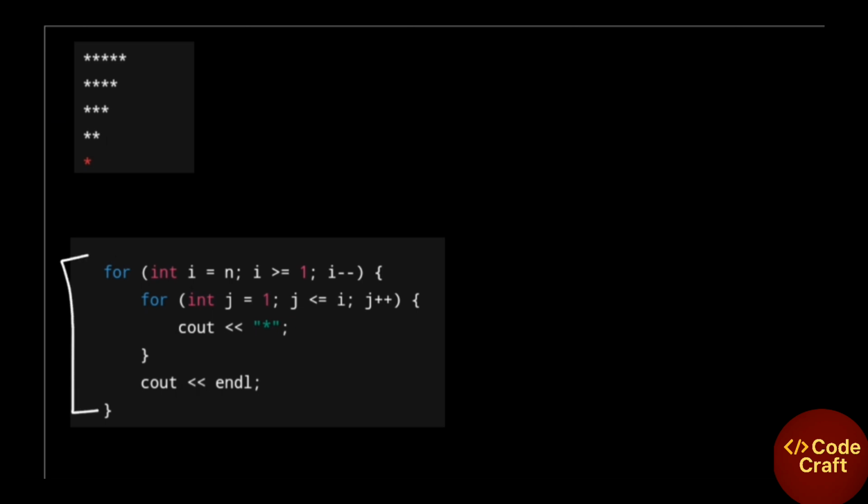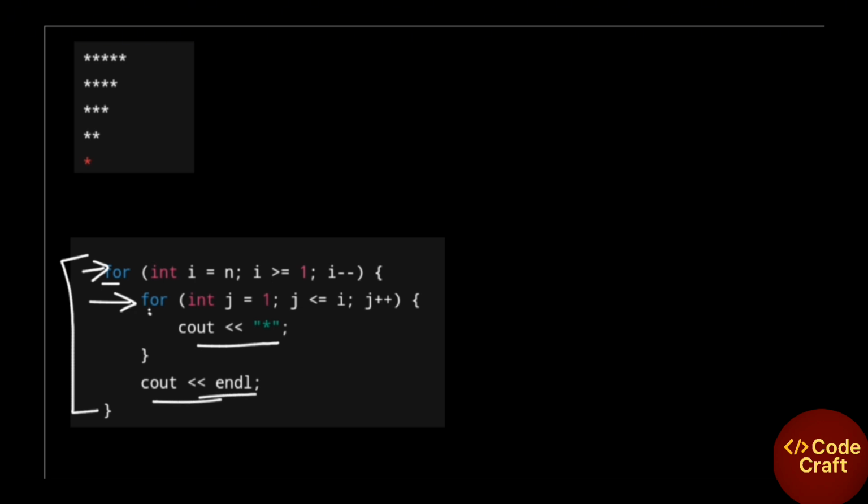This loop controls the number of rows, and the inner loop controls the number of columns and prints the star.